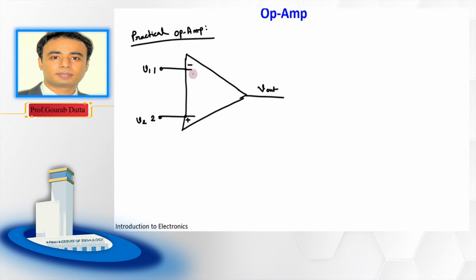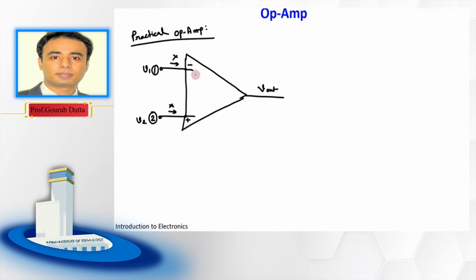And for ideal op-amp, we have seen the resistance between terminal 1 and terminal 2 is actually infinity. So that way no current is actually flowing inside this op-amp from any one of these terminals, flowing in or out.